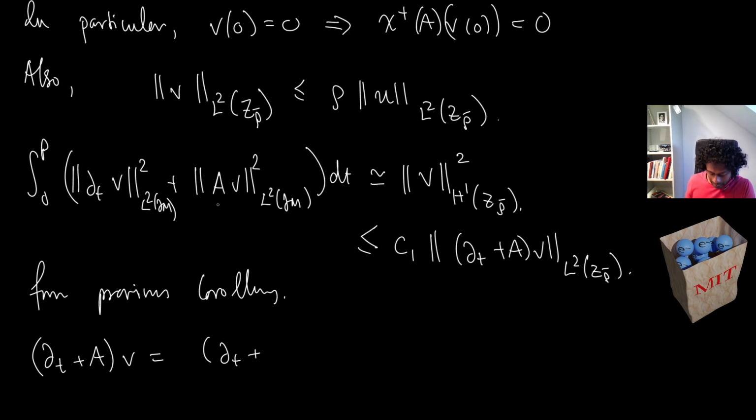The main point here is that A is invertible. The invertibility means that the zeroth order term is controlled by A itself. Invertible means that it's bounded below, and that's why we get a constant.